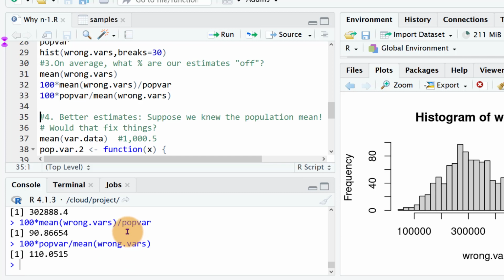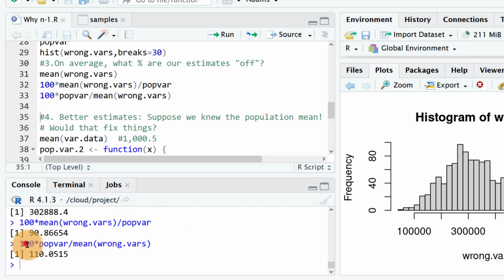Now, most of the time when I do this, and what you'll probably see when you do this, is that this number is a little closer to 90%, and this number is a little closer to 111%. On average, when we do this experiment, and we have a sample size of 10, and we're dividing by 10 when we should be dividing by 9, our answers are going to be about 10% off if we look at it this way.